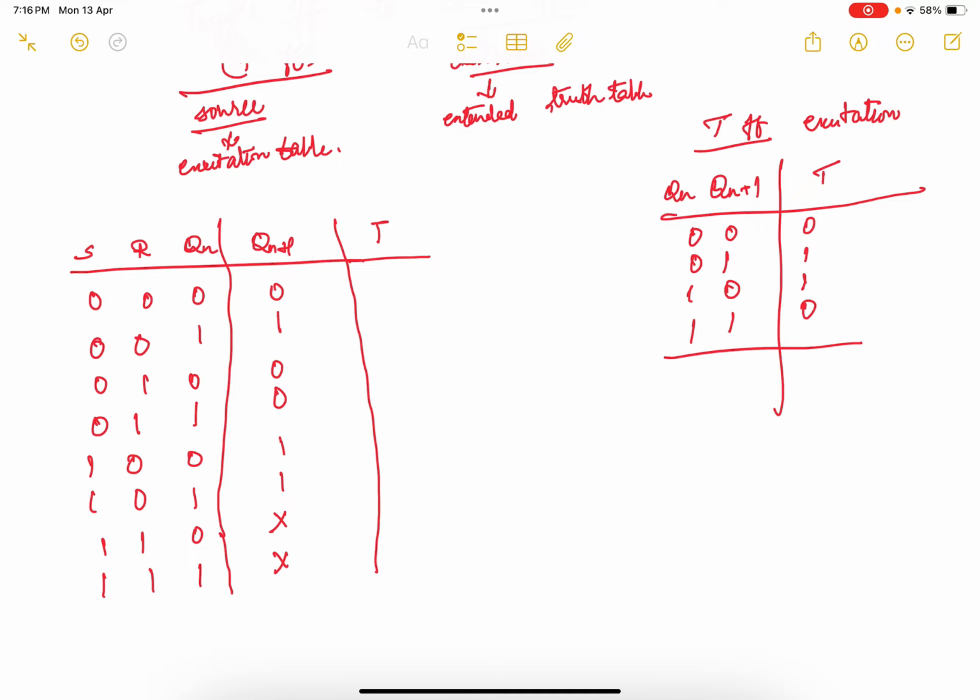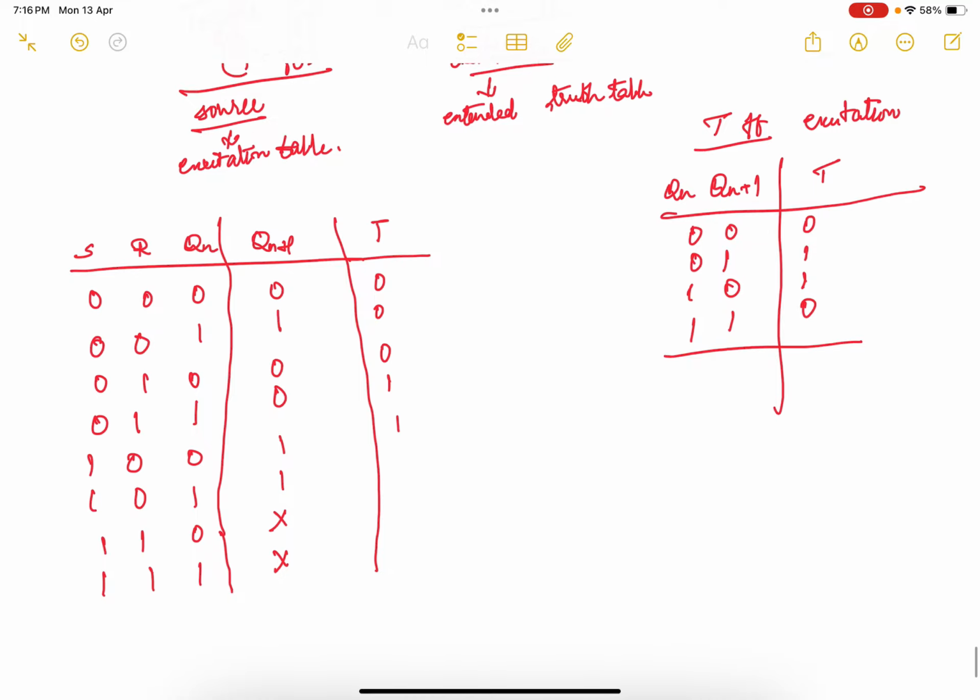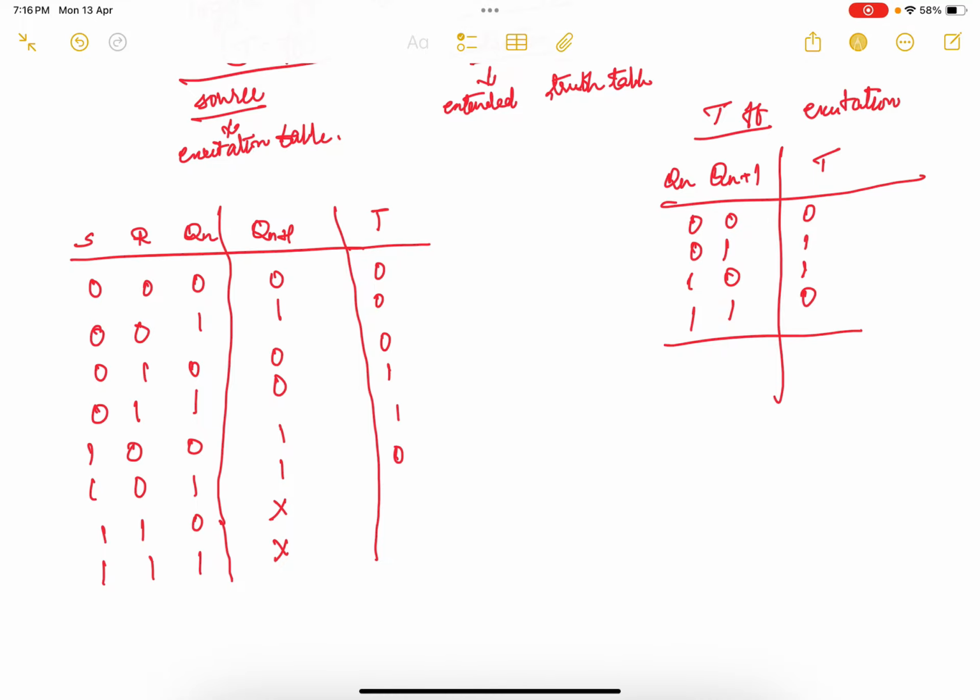So if it is 0 0 it should be 0, if it is 0 1 it should be 1, for 1 0 it should be 1, and for 1 1 it should be 0. So totally we have the 0 0 condition and the 1 1 condition. Okay, done. So these two things we are not going to consider.